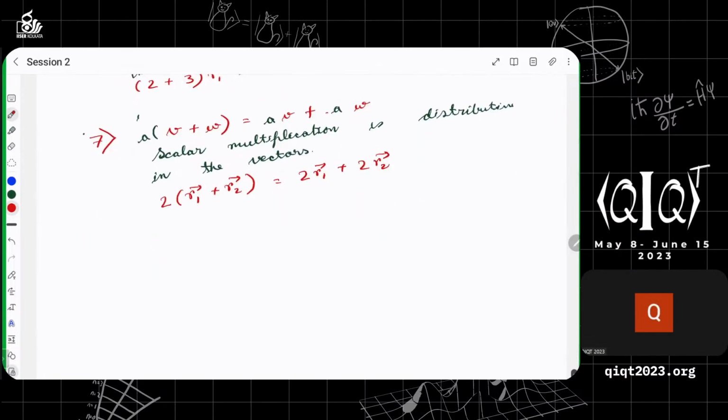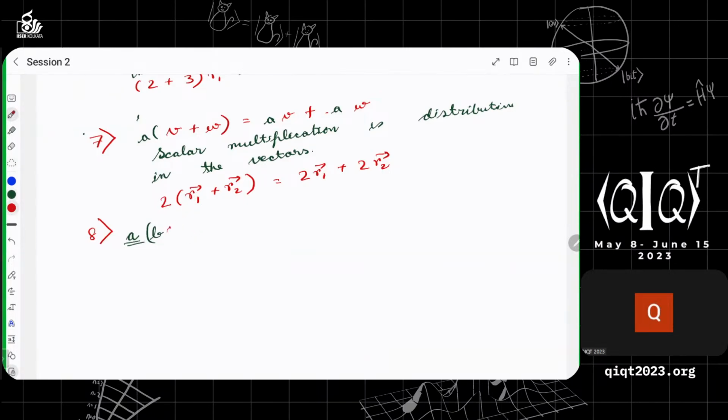And now if you multiply a scalar with the vector, and then you take that multiplication and multiply it with another scalar a. So let me maybe write it.